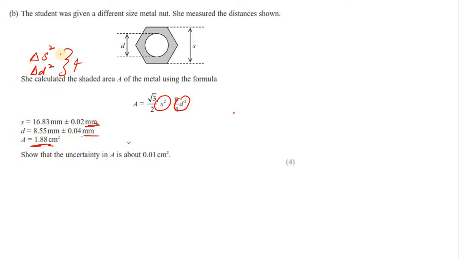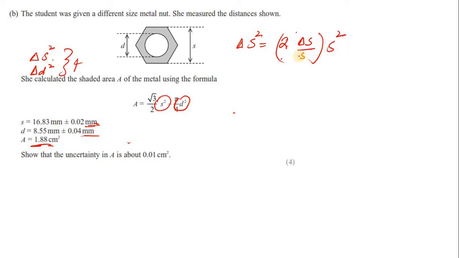So in order to find the absolute uncertainty of S square, which is delta S square, the idea is this: because we have S square, delta S square would be equal to twice of delta S upon S. This is the fractional uncertainty, and then multiply by S square.